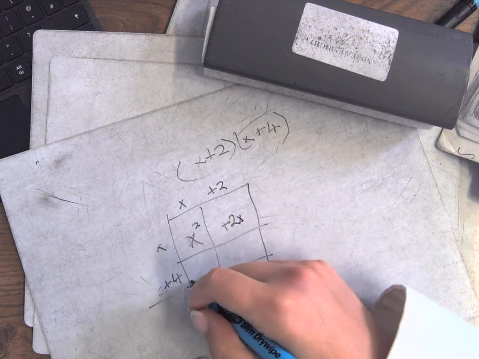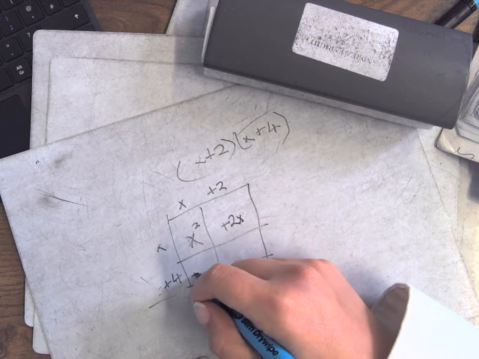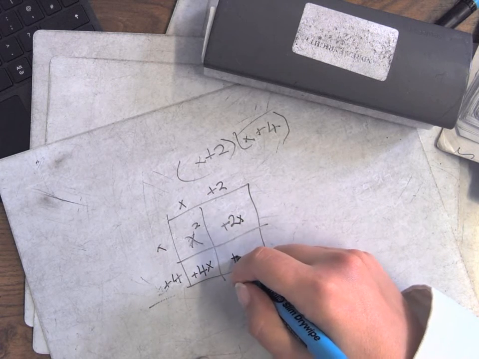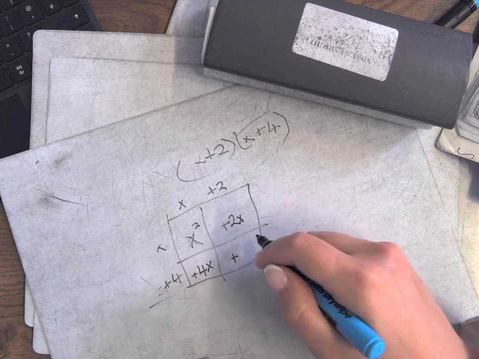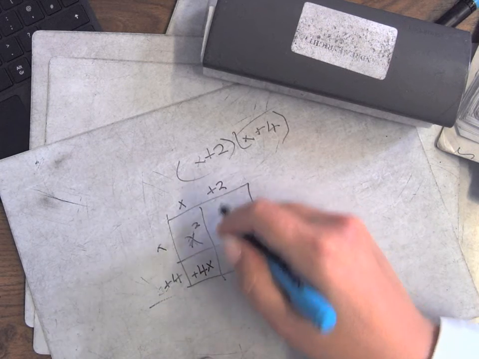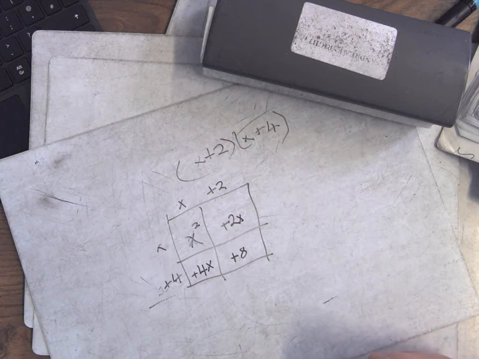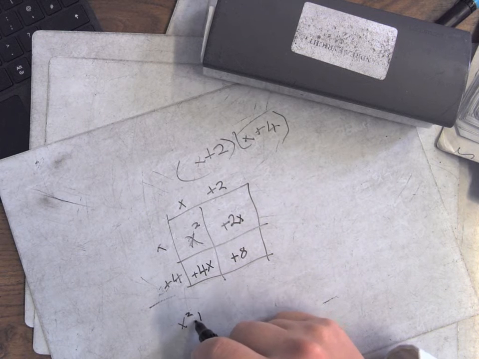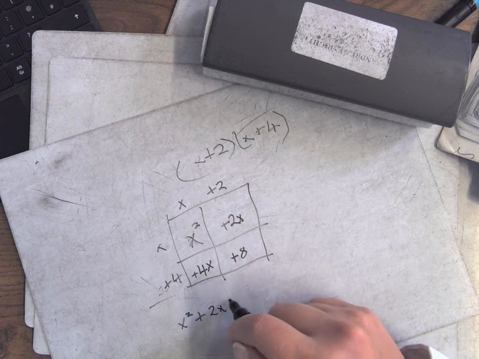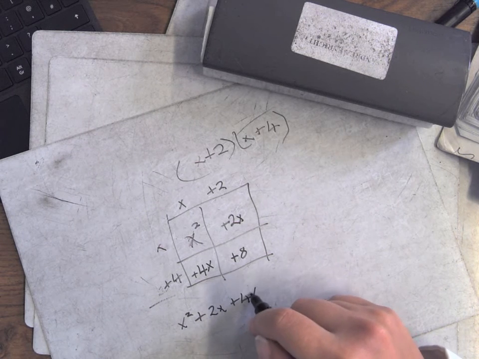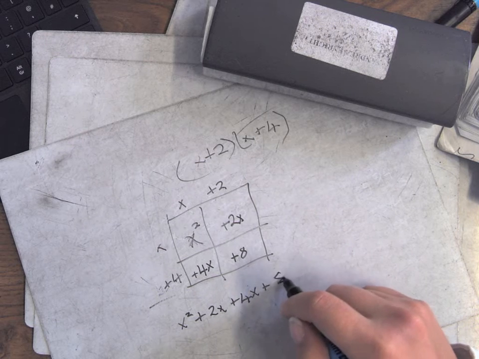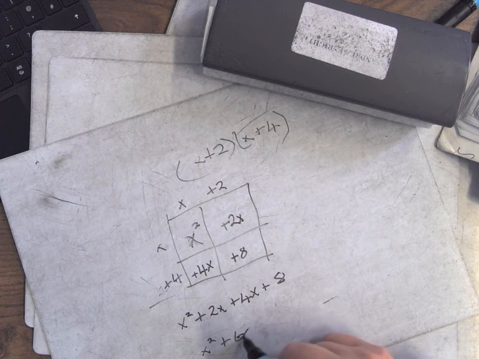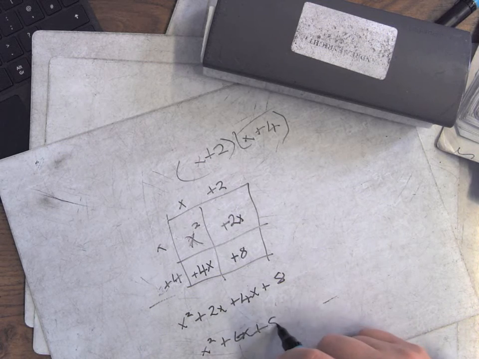What did you get in this box? Plus 4x. And what did you get in this box? Plus 8. Because you have 2 multiplied by 4. Okay? Are we alright with that? So you get x squared plus 2x plus 4x plus 8. So that would be x squared plus 6x plus 8 is your answer.